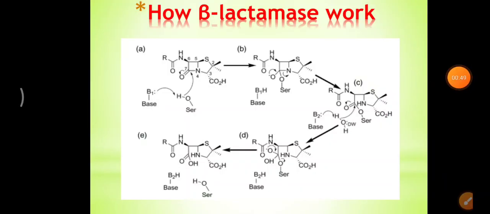So let us now understand how these beta-lactamases work. This is the penicillin having a beta-lactam ring in its structure, and this is the serine residue in the active site of the beta-lactamase enzyme having an OH group in the structure.